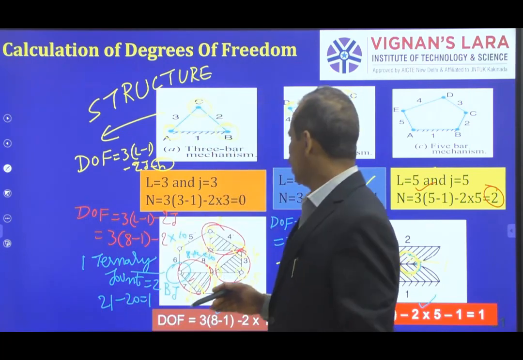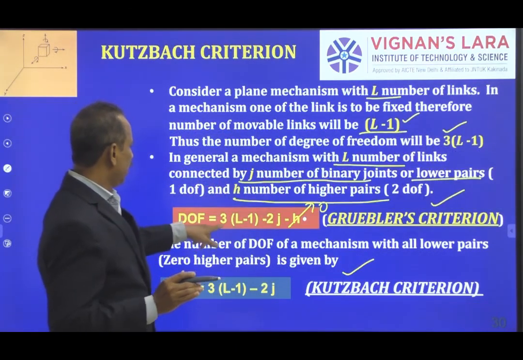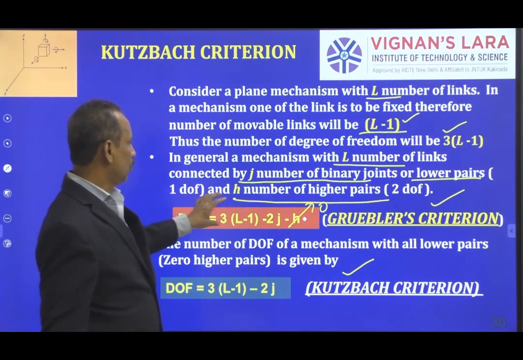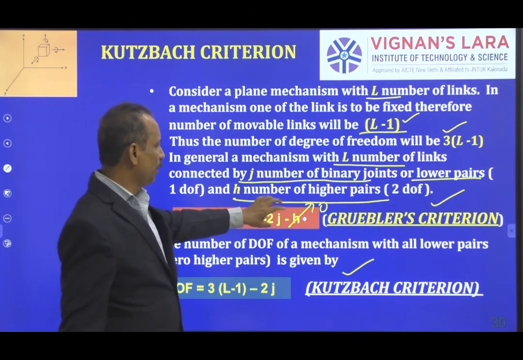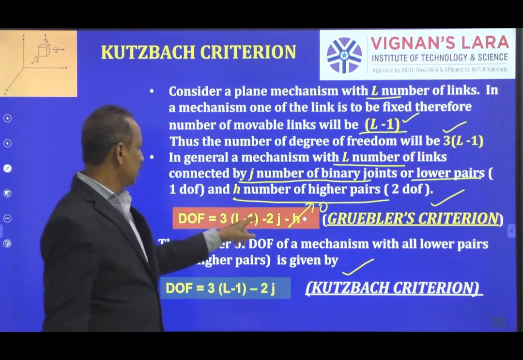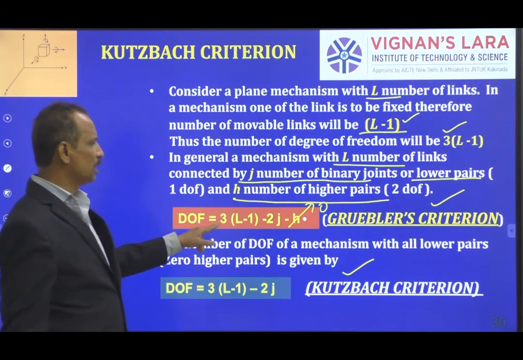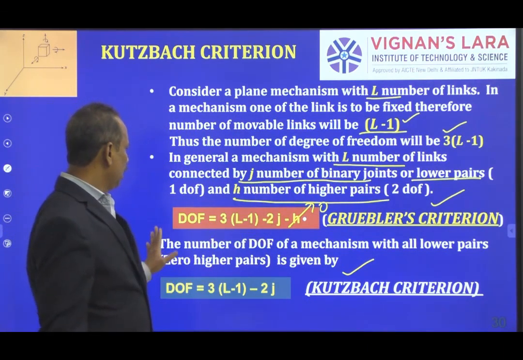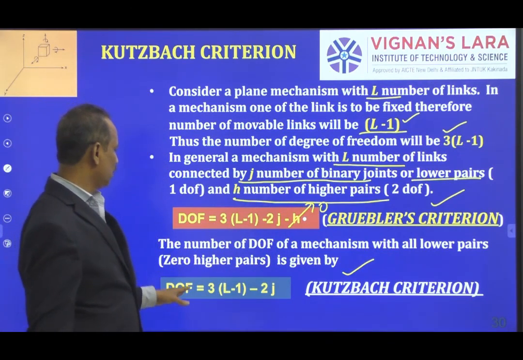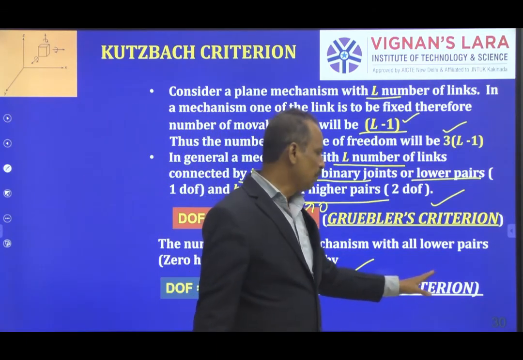Then we can write the equation 3 into L minus 1 minus 2j minus h, which deals with the degrees of freedom, total number of links, with lower pairs and higher pairs or binary joints. This is called Grubler's criteria. If the mechanism doesn't have a higher pair, h can be written as 0, and the equation becomes 3 into L minus 1 minus 2j, which is called Kutzbach's criteria.